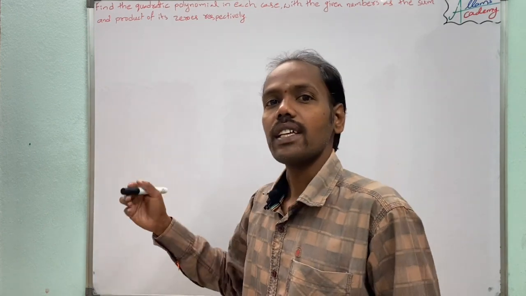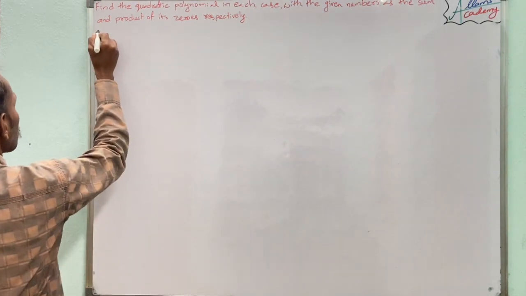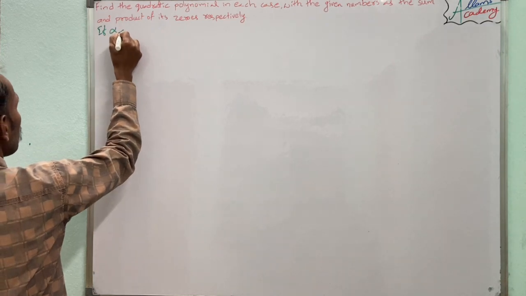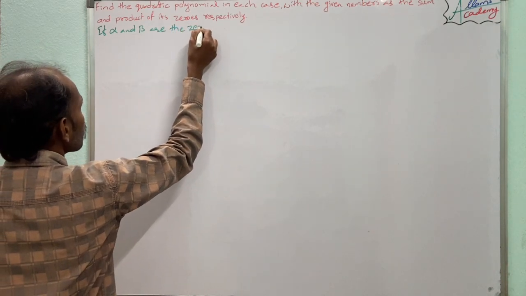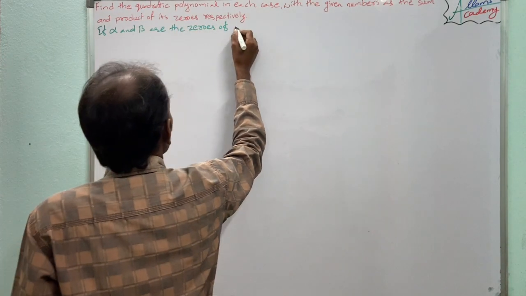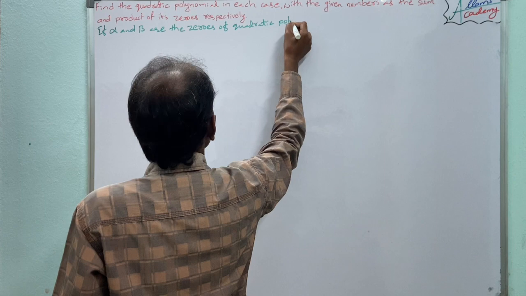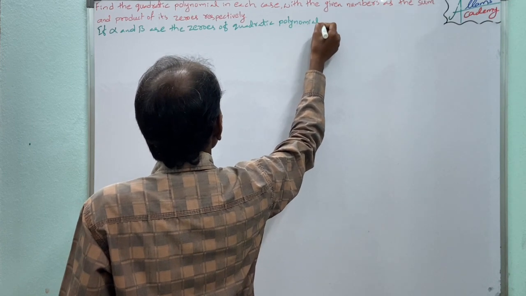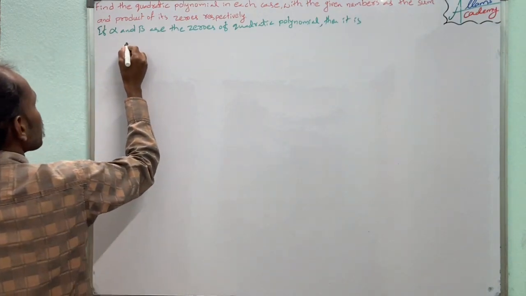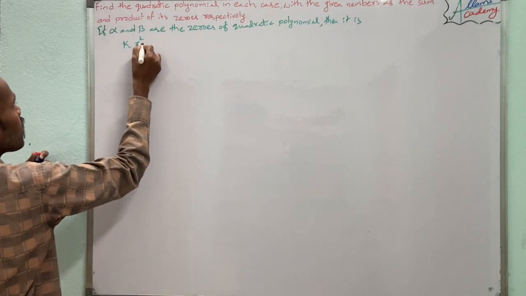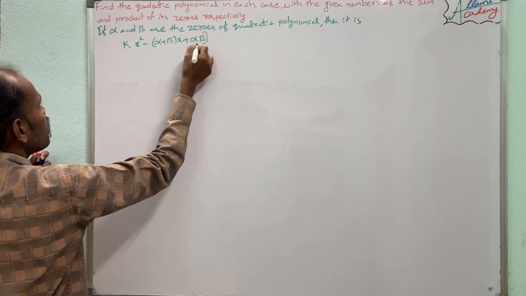So if the zeros are alpha and beta, then the quadratic polynomial, we already know, that is, if alpha and beta are the zeros of a quadratic polynomial, then it is k into x square minus half alpha plus beta into x plus alpha beta.